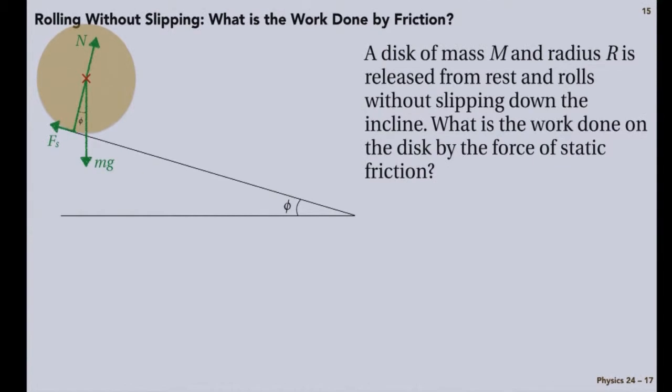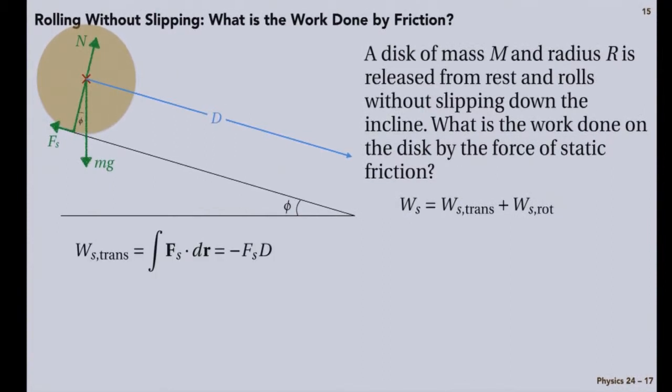Think about it from the point of view of being at the center of the disk. Which way is that going to make the disk rotate? Clockwise or counterclockwise? Clockwise. That's going to make it spin around this way. So if the center translates by a distance d, let's calculate the total work that's done by the force of static friction. The translational part of the work is just what we wrote here.